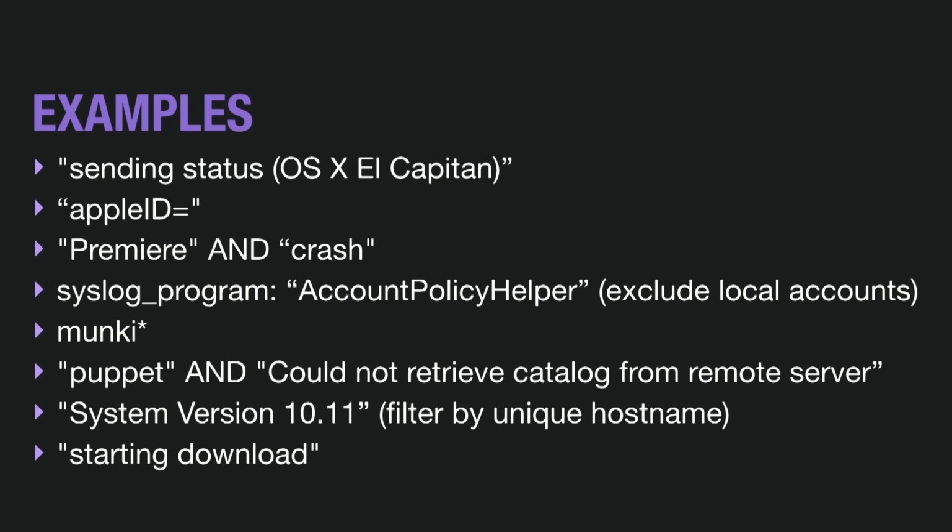There's better tools. If you have an inventory tool, it would do a better job of this. But you can get a rough idea: if you search for system version 10.11 or 10.11.5, it would pull back unique host names and tell you you have 50. Starting download is another one of those App Store searches. You can kind of track what's being downloaded.